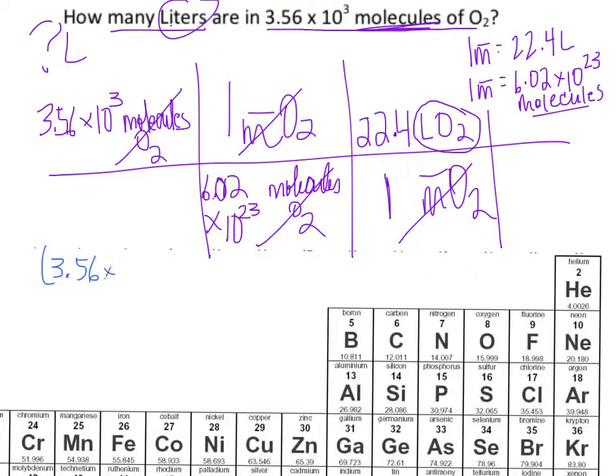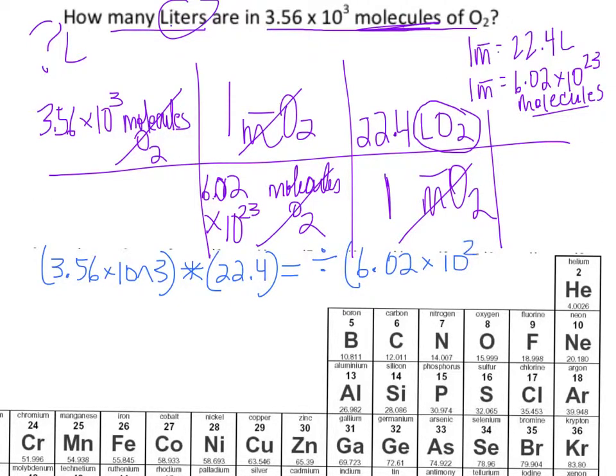3.56 times 10 caret 3, end of parentheses, times 22.4, end of parentheses, equals, divided by, parentheses, 6.02 times 10 to the 23rd, end of parentheses, equals, I forgot the caret.